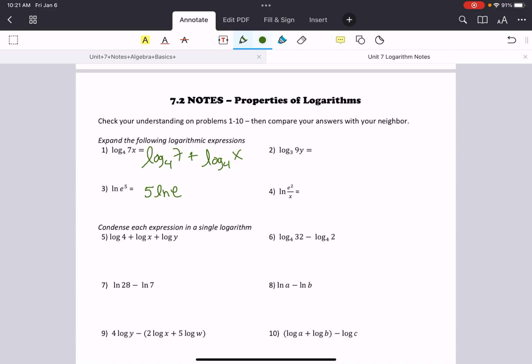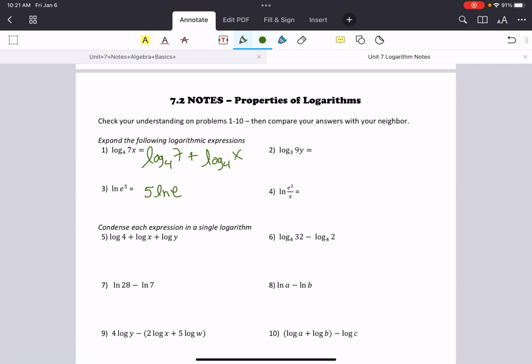What's the ln of E? 2.78. That's what E is. That's a great guess. That's what E is. Is it 1 or 0? I'll answer that. Yes, it is 1 or 0. It's 1.